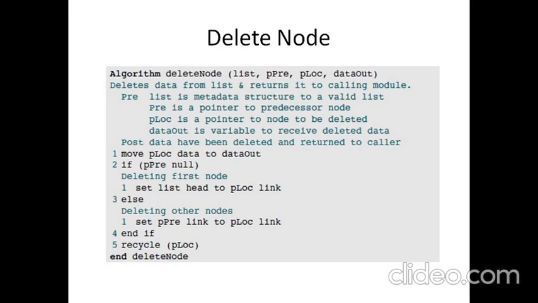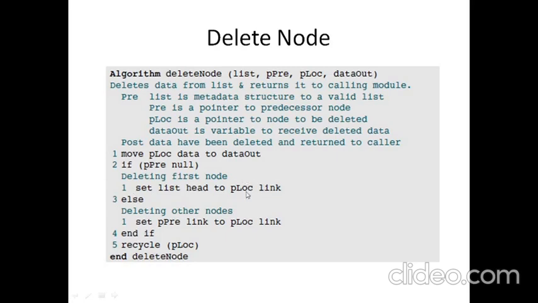See, there in insert we considered 2 possibilities when P pre was null. That is, either it's an empty list or we want to insert as the first node. But here you can't delete from an empty list, so we only consider deleting from the first node. So in that case what we do, set the list head to P location link.